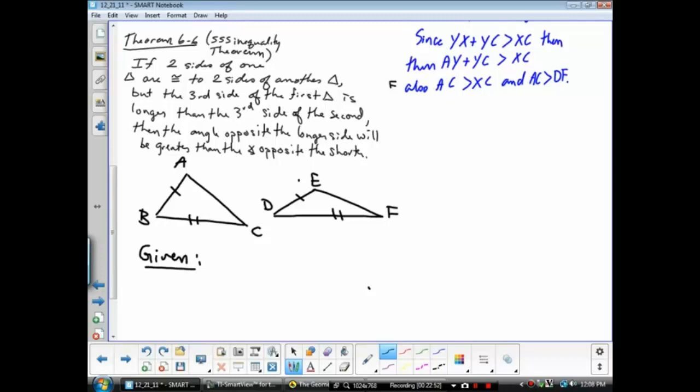Okay? AB is congruent to DE, BC is congruent to DF, and finally, AC is greater than EF.